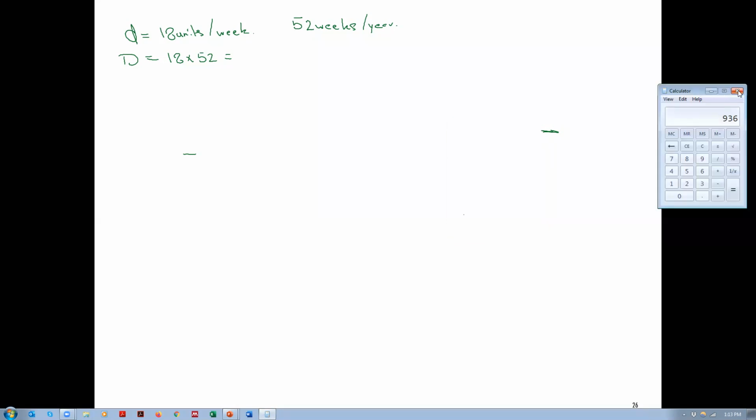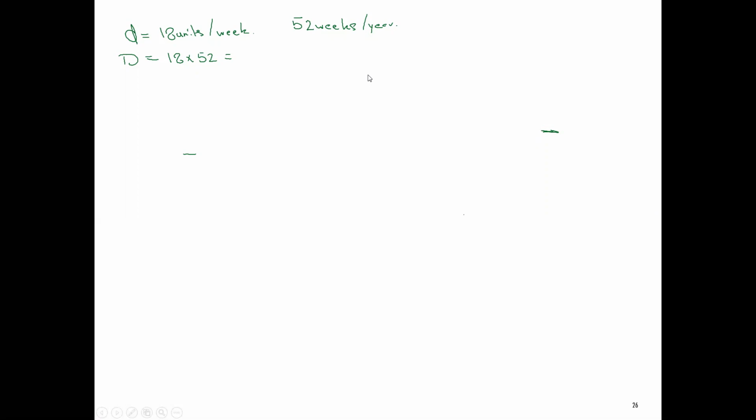And I guess it's better if I just use a calculator on my cell phone. So now we know our demand for the entire year, which is 18 times 52, which is 936 units. So 936 units. That is our yearly demand.